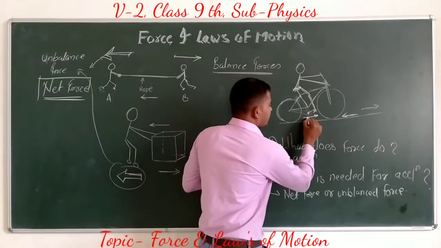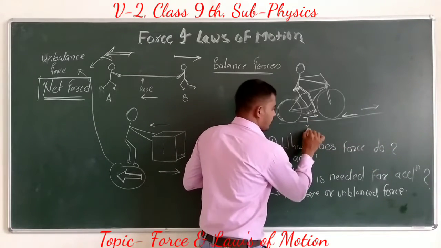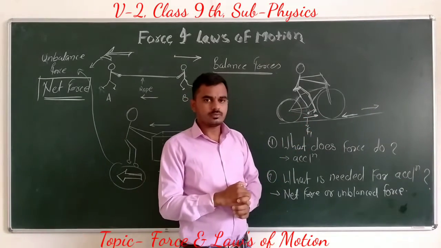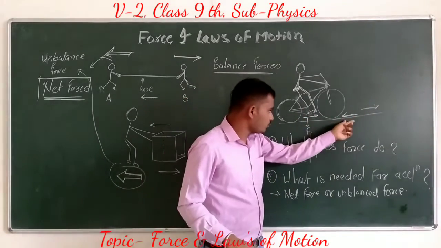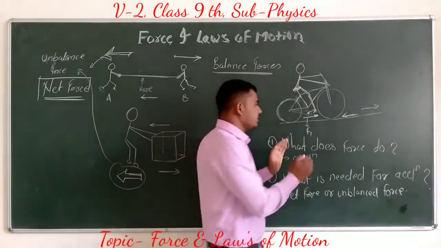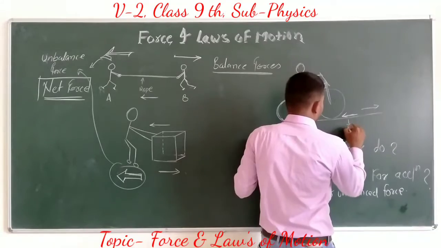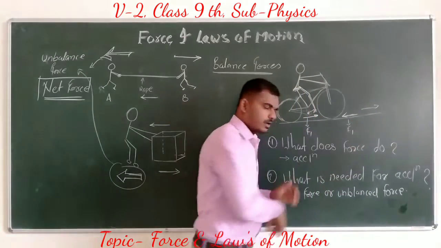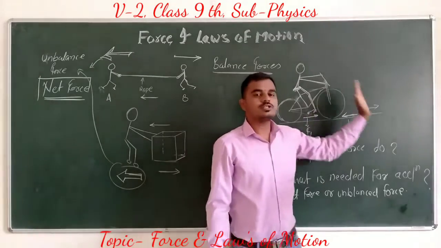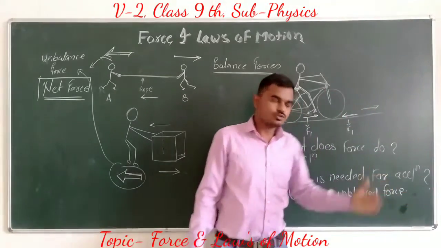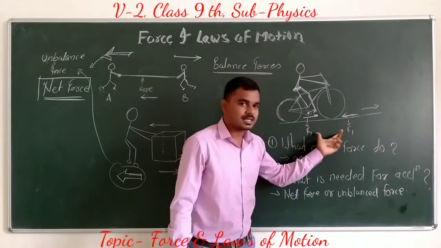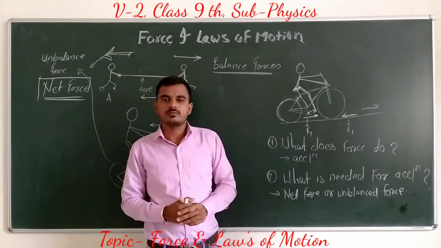Here we apply a constant force, suppose F1. We apply F1 on paddling, and the frictional force is acting similarly. Frictional force is acting on that bicycle with an equal amount, suppose F1, and that bicycle continuously moves with constant speed. So these two forces are equal forces, and these two forces are balanced forces.